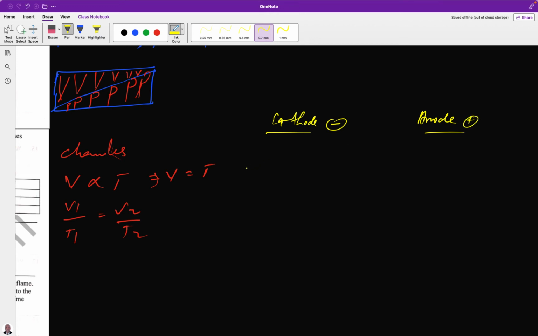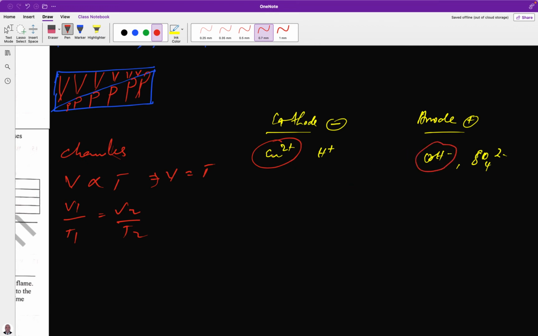At the cathode, there are two ions, copper ion and hydrogen ion. Here we have OH ion and the sulfate ion. Based on the electrochemical series, the one that is discharged at the cathode is copper, since hydrogen is higher, and at the anode OH is the one that will be discharged.